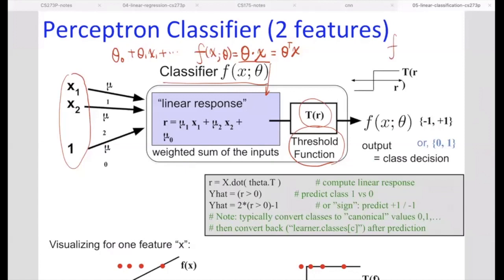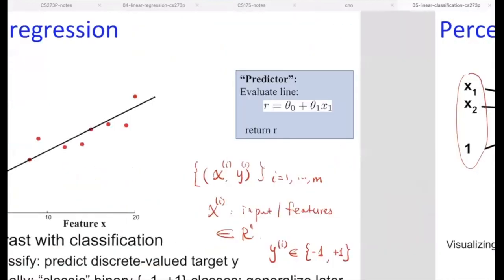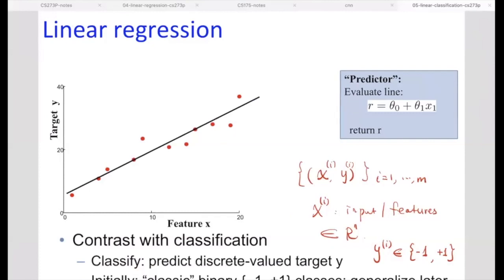If it is negative, I predict the target to be -1. That is a very simple thresholding function applied to the score, and then you can make a decision based on the score. Right now, I'm using these conventions. Later on, I might use another convention to represent the target values, as either 0 or 1.